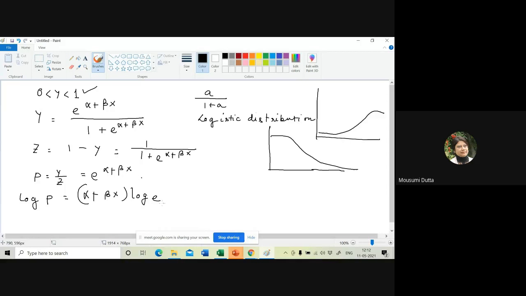If you take log on one side, that will be the semi-log transformation. This is the log-log transformation, the double log transformation. You are transforming both y and x, both the left-hand side and the right-hand side. So this I am calling y prime.